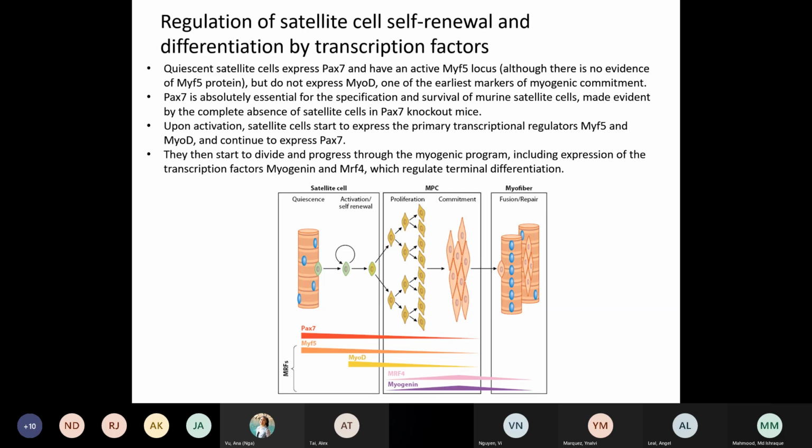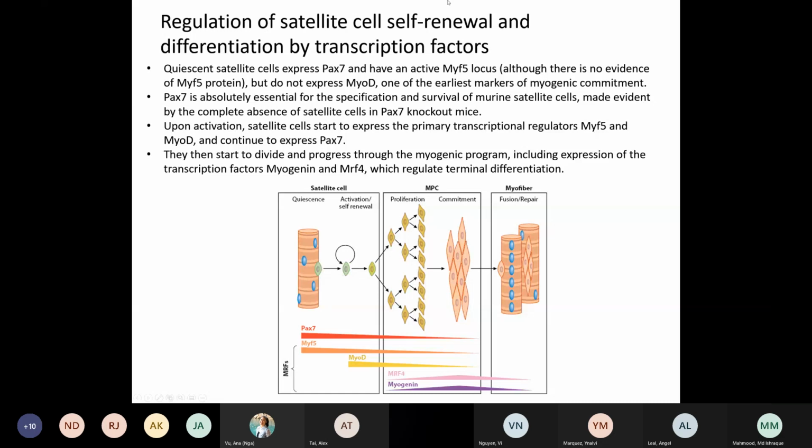You can have a lot of cells, and you can do flow cytometry when you have a lot of cells. But here, the tissue source is limited, and also the number of satellite cells will be much smaller. So instead of using flow cytometry, people use genetic methods to track the cells, like a Cre-loxP system, which we have described.